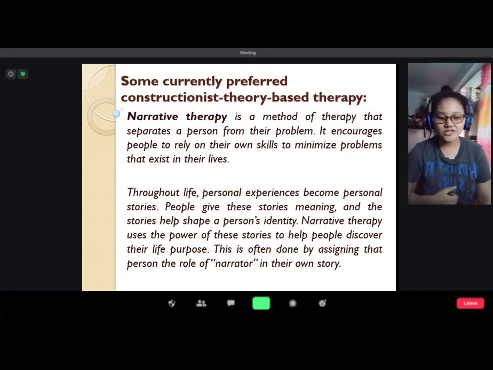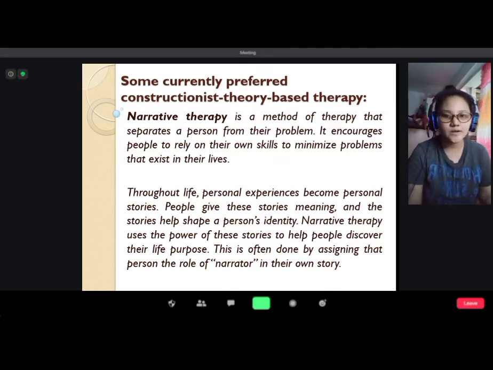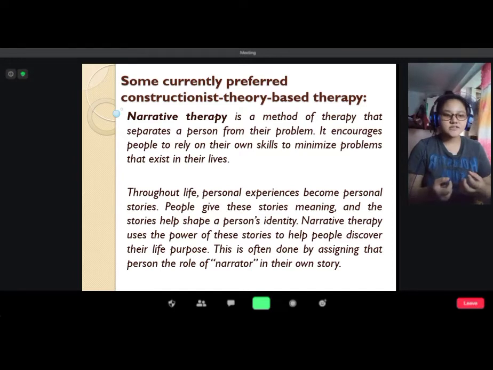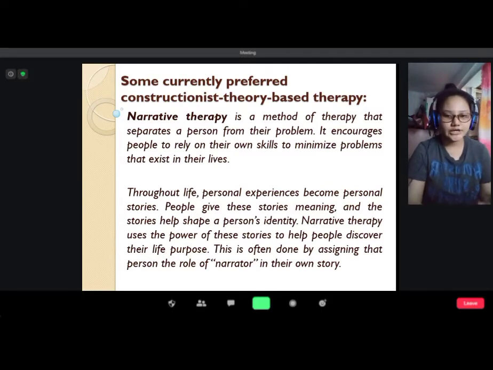It is the unique outcome question. The counselor asks some questions to the client, and the next step is to ask the perspective question. Then also the counselor asks the opening space question, and the identify story question, and lastly is to create the counterplots. Dun na para maano nila yung role po ng narrator sa kanyang own story.